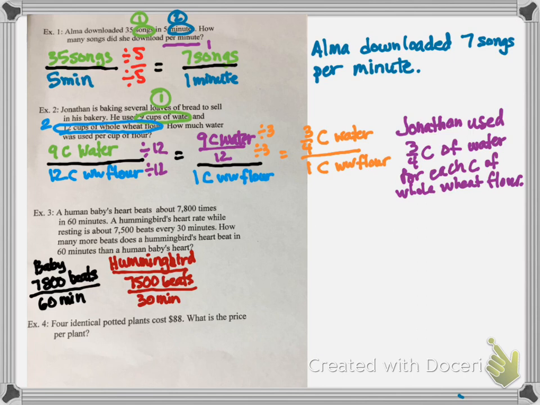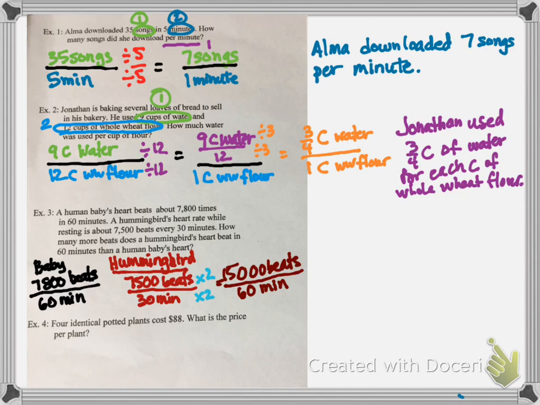So what we're going to do is we're going to multiply the denominator by 2 and the numerator by 2 in order to get the denominators to match up. So what I end up with is 15,000 beats per 60 minutes.